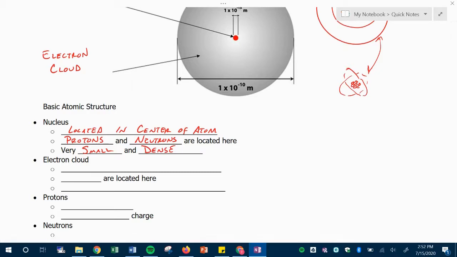Now let's talk about the outside, which is our electron cloud. Now the electron cloud, simply put, just surrounds the nucleus. And within the electron cloud, obviously this is where all of our electrons are. And with all of these electrons, the other important thing with the idea of it being an electron cloud is that this is mostly empty space.